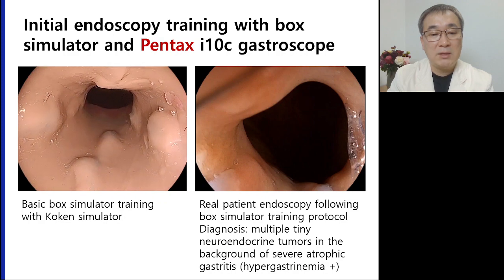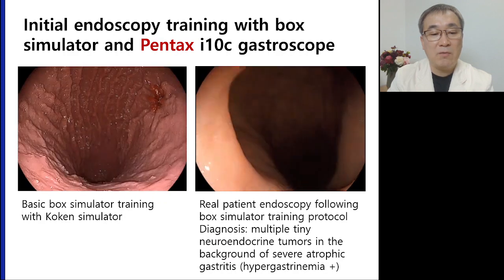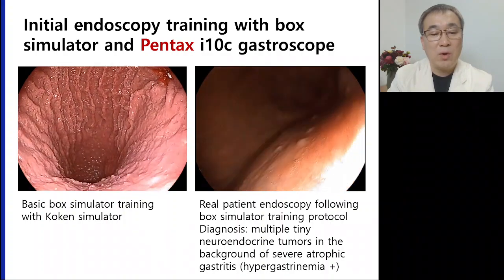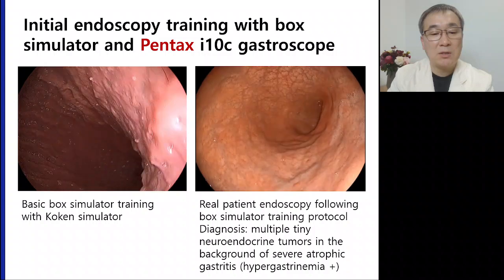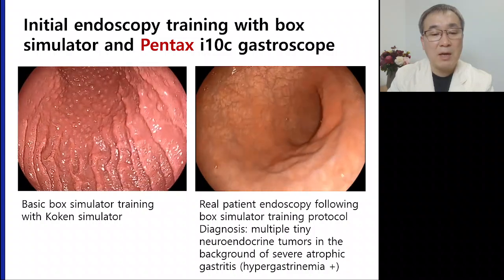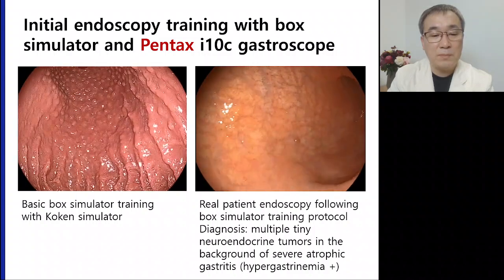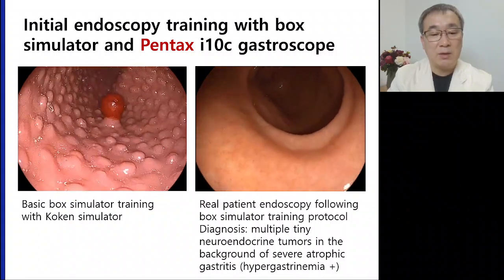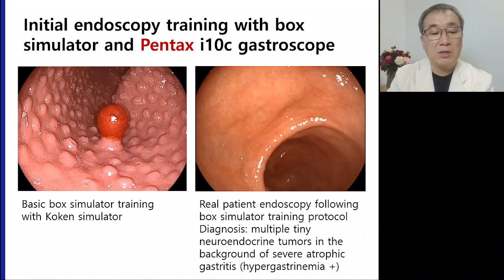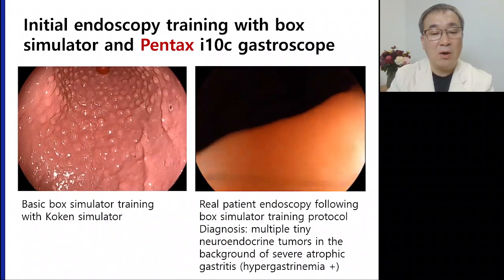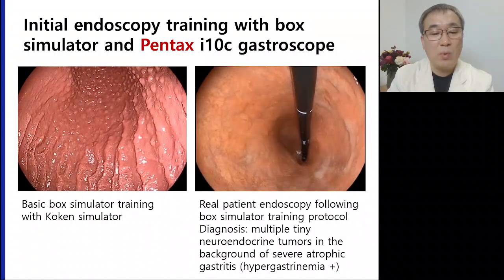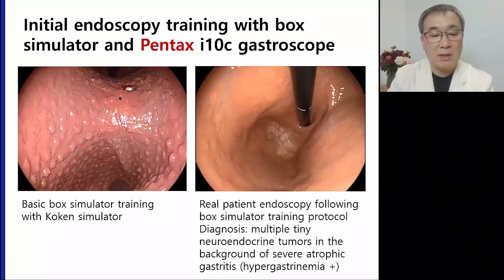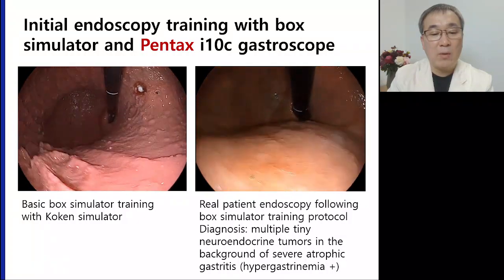Left side is a Kogan simulator video clip, and you can compare with a real patient endoscopy using Pentax I10C gastroscope. As you can see, it is quite similar. Beginners can learn a lot of technical tips with gastroscopy box simulator training. I strongly recommend it.